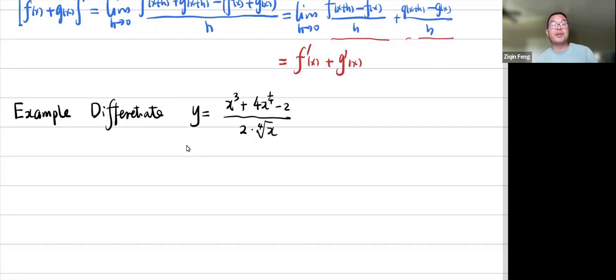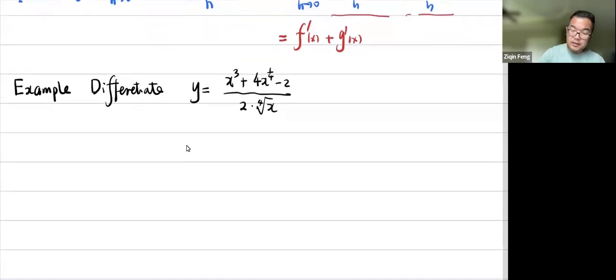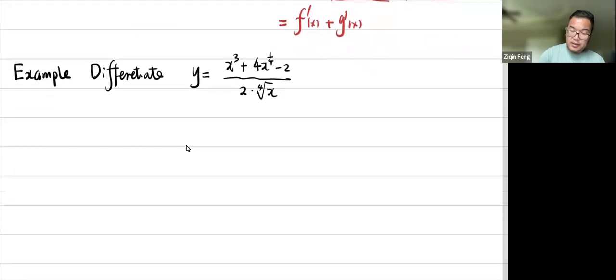You can see that's a big quotient. We don't have the quotient rule yet. We don't have a rule to differentiate a quotient. So we need to change our function to a sum or difference of power functions, right? Now what's this? You can split it, right?